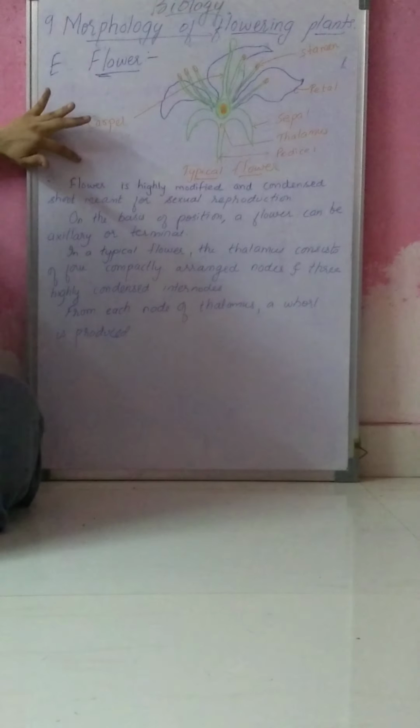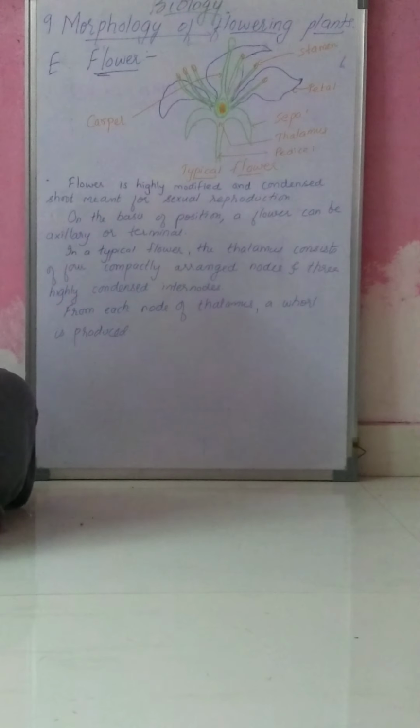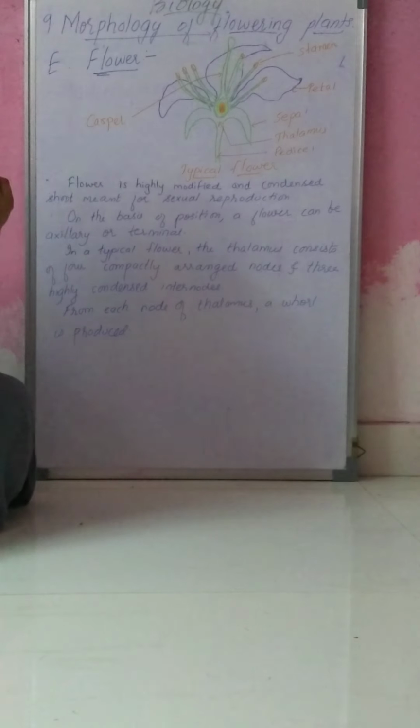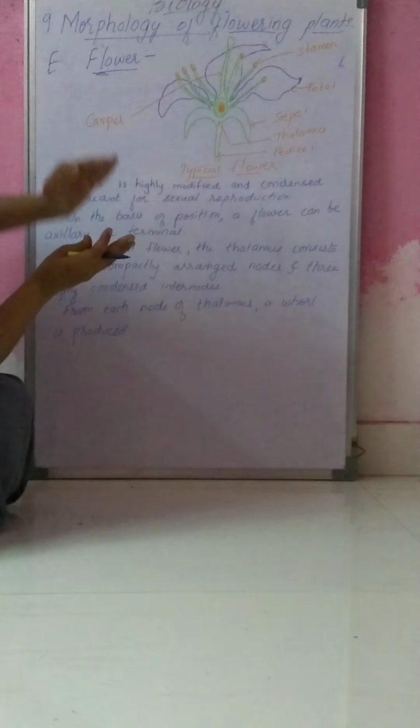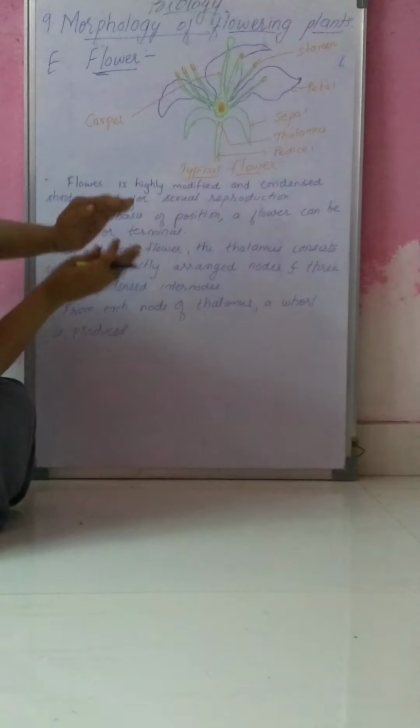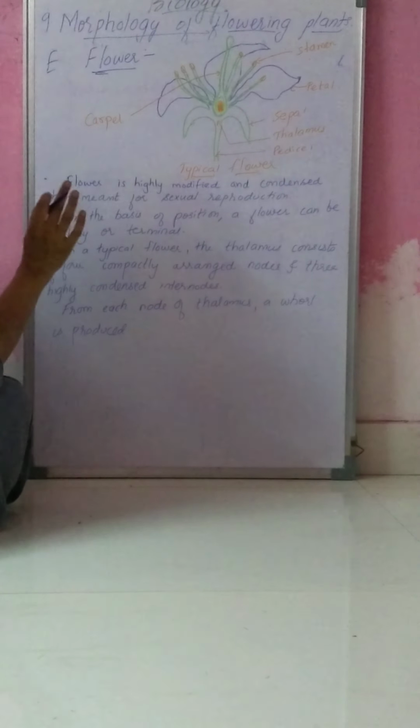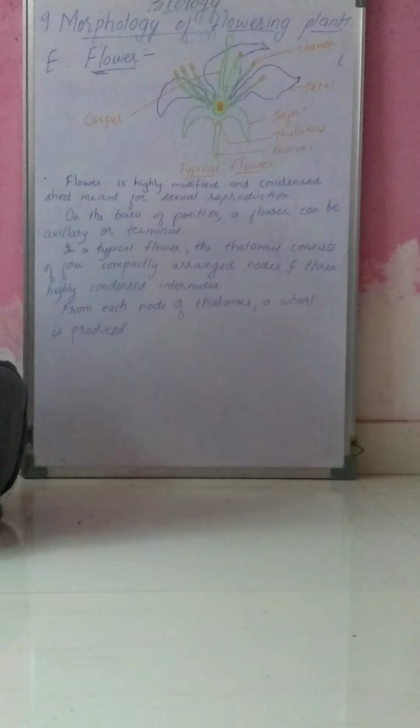A typical flower is a highly modified and condensed shoot meant for sexual reproduction. What is flower? Flower is highly modified. It is a modified and condensed shoot, a shoot which is condensed, and it is meant for sexual reproduction.